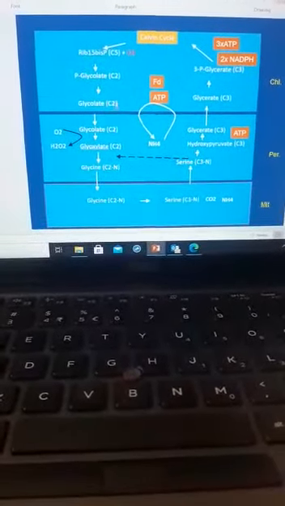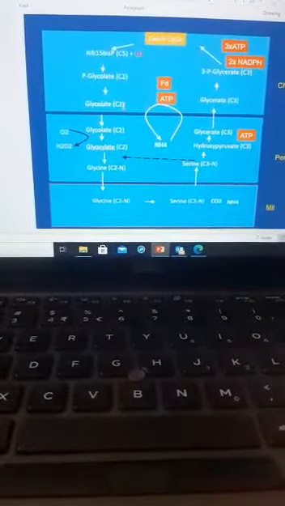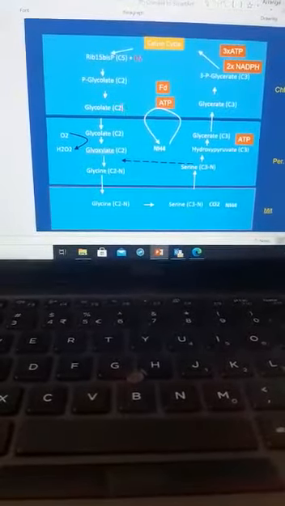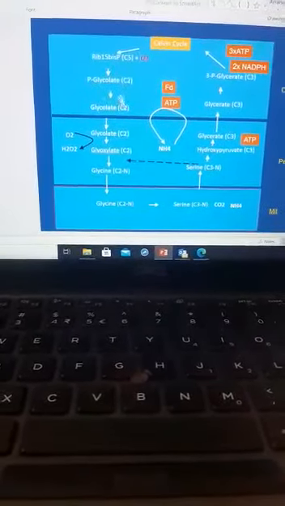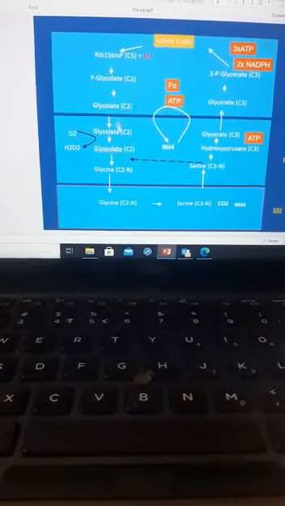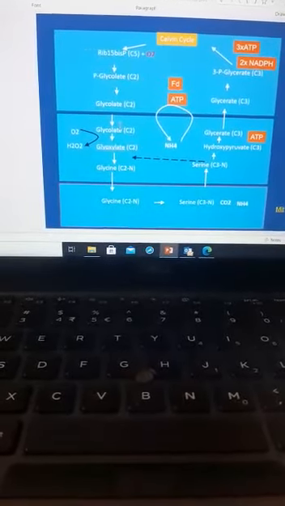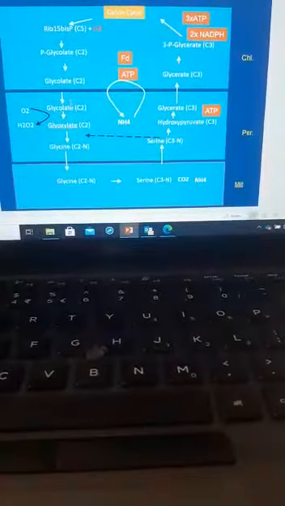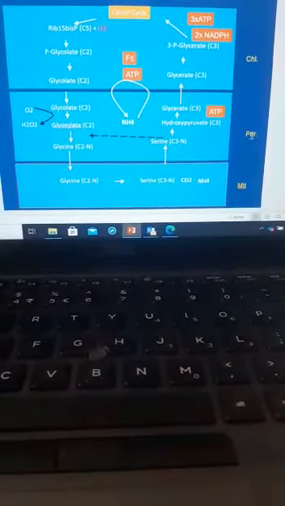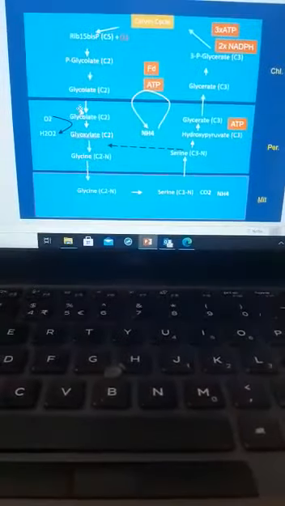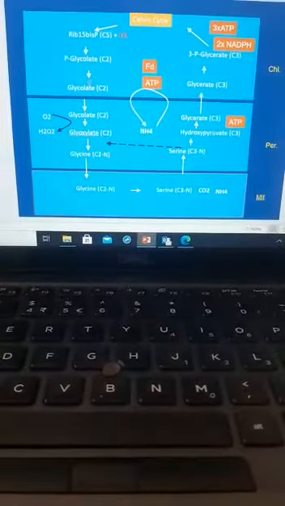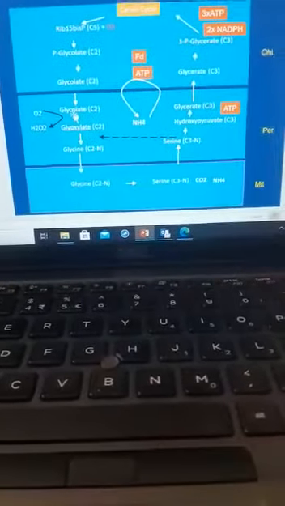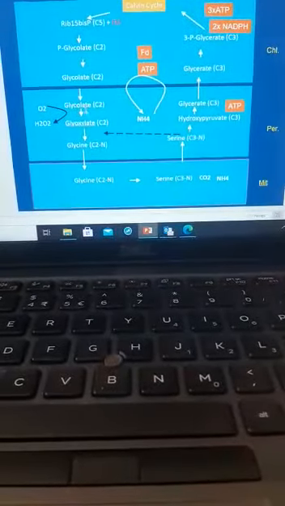That glycolate, which is an organic acid, will be delivered from the chloroplast down into the peroxisome.